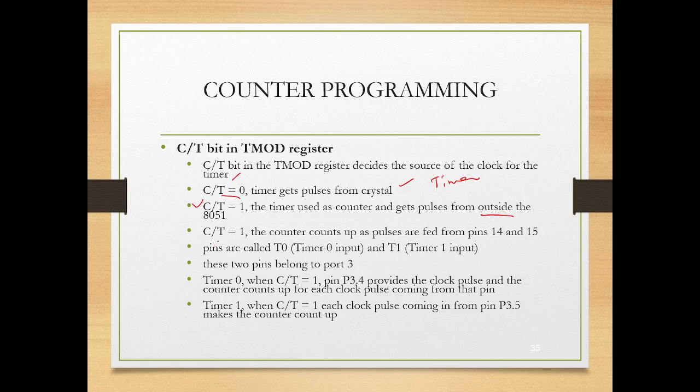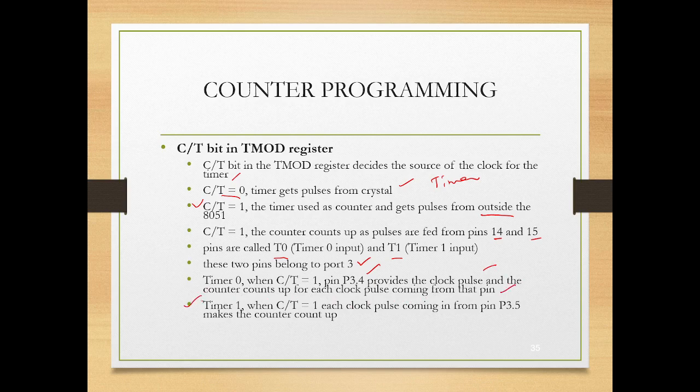Similarly, for T0 and T1, the counter gets its input from pin 14 and pin 15, that is the T0 and T1 pins of the microcontroller. These two pins belong to port 3. Now for timer 0, with C/T equal to 1, port 3's fourth pin provides the clock pulse, and the counter counts up for each clock pulse coming from that pin.